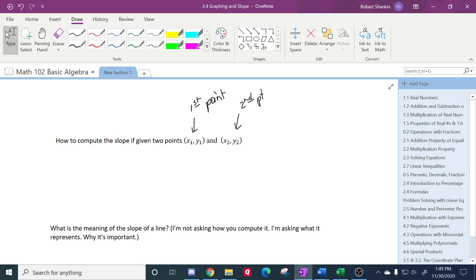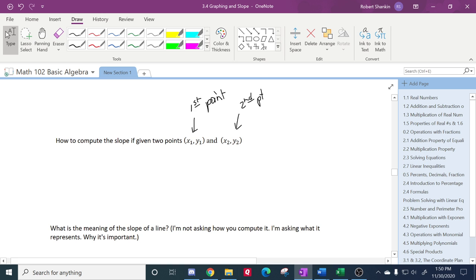Okay, 30 seconds more. Group 3, what do you got? We currently have 2 answers. The rate of the given points or the rate of the rise and the run.